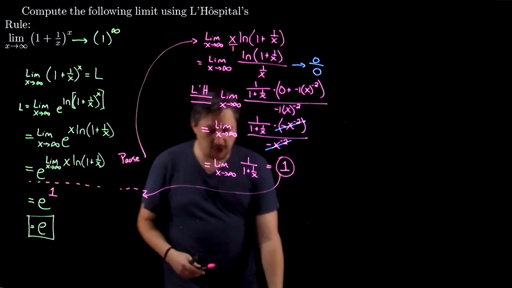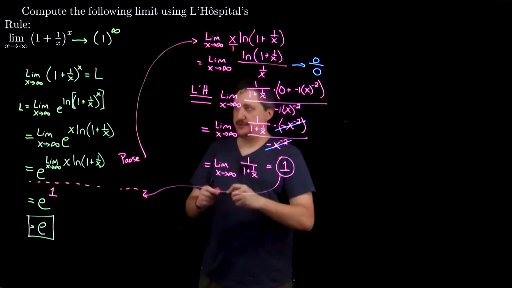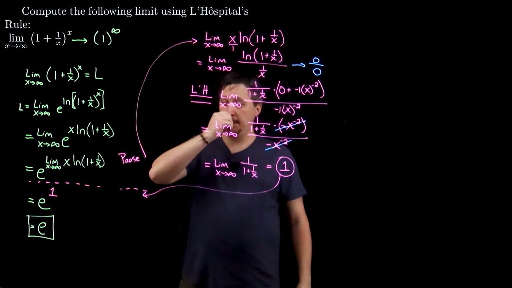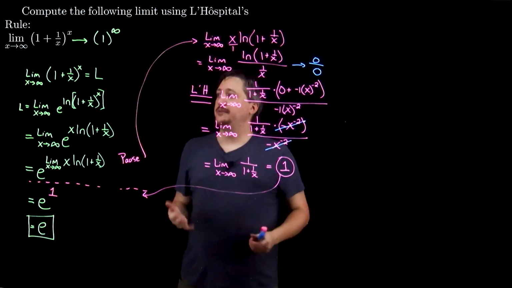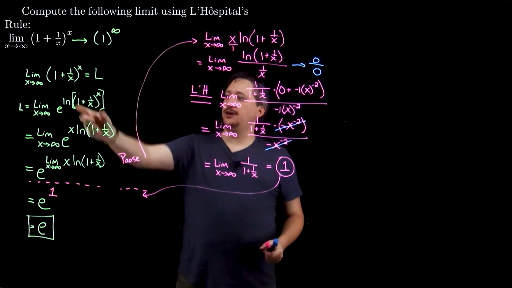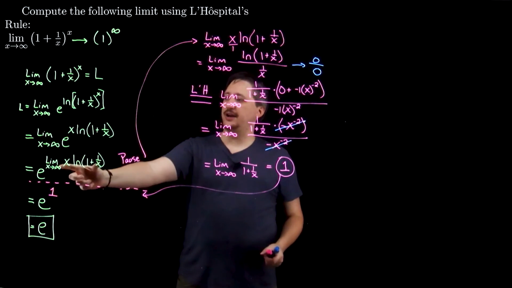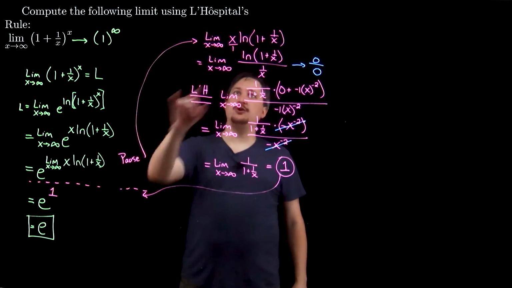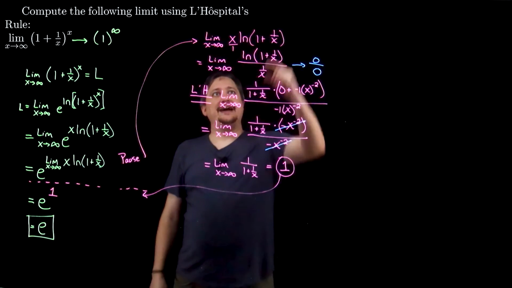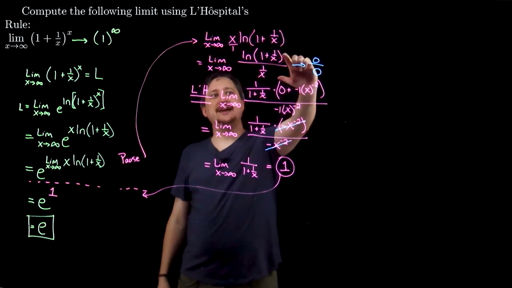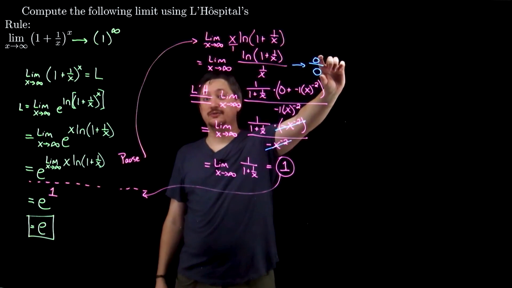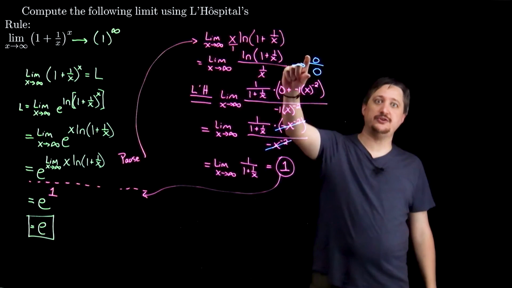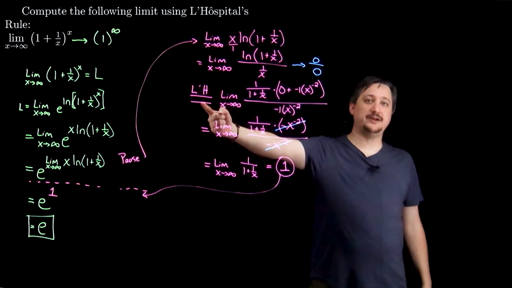So our original limit was 1 plus 1 over x all to the x. And I manipulated that by doing e to the natural log, so I could use log rules so that I could pull the limit up here. And then I paused, I took this all by itself, and then I had to move the x down in order to get it to a 0 over 0 form for L'Hopital's rule. So all of that got me to 0 over 0, so I can finally apply L'Hopital's rule.